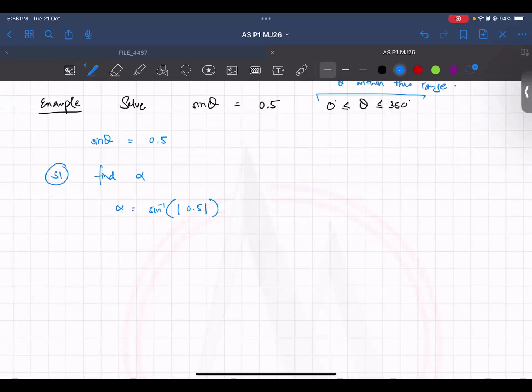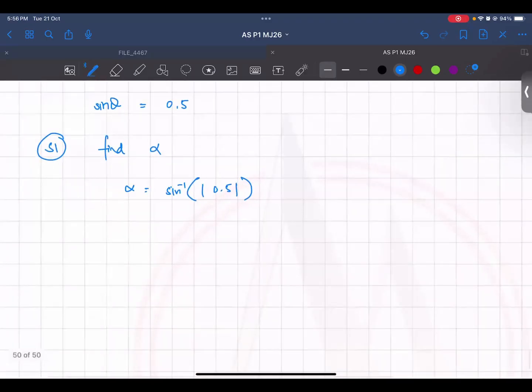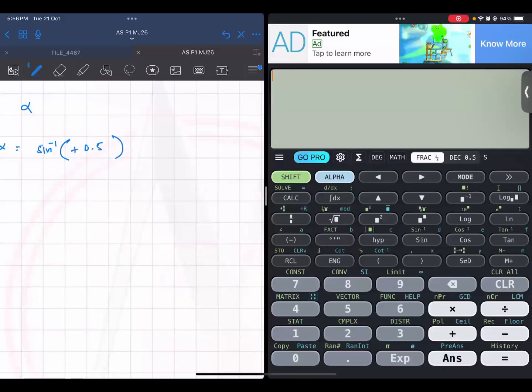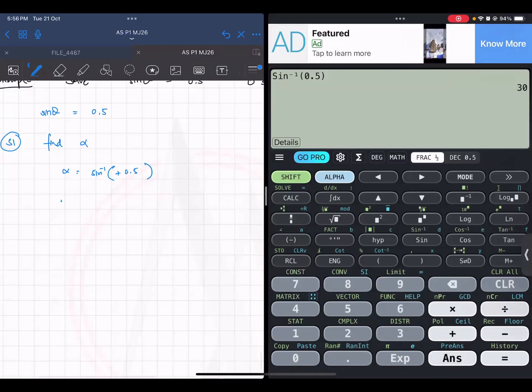Even if it would have been negative 0.5, you would only take the value, not the sign. So you take positive 0.5 and do sine inverse of 0.5, and look, this will come out as positive 30. So this is your basic angle.